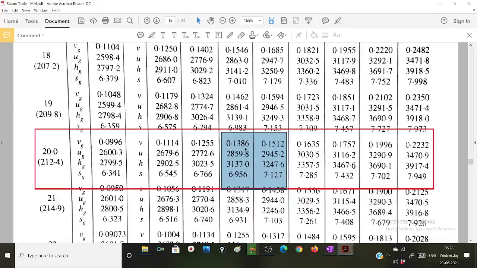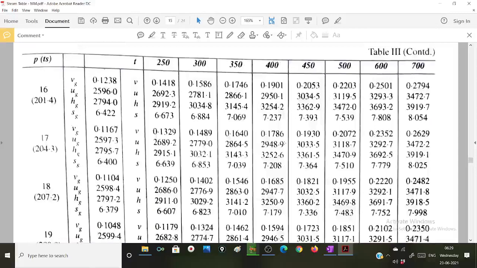So in the steam table, this value will be the A value at 350 degrees Celsius, and this value will be the B value at 400 degrees Celsius, as you can see here.